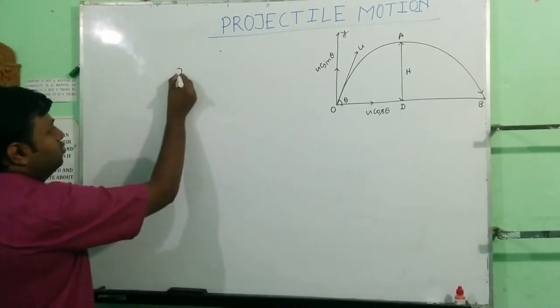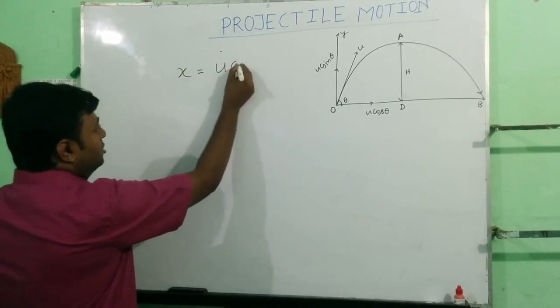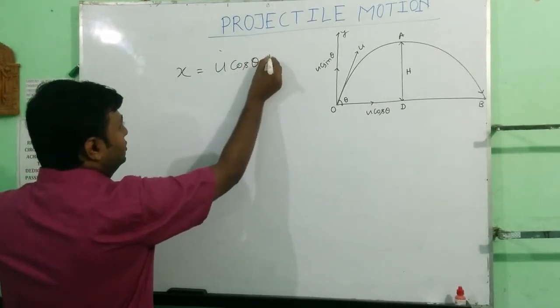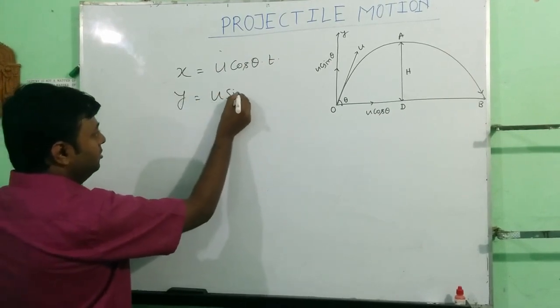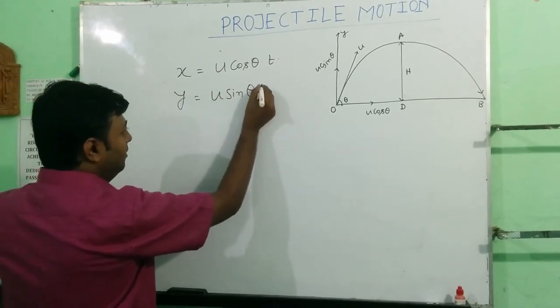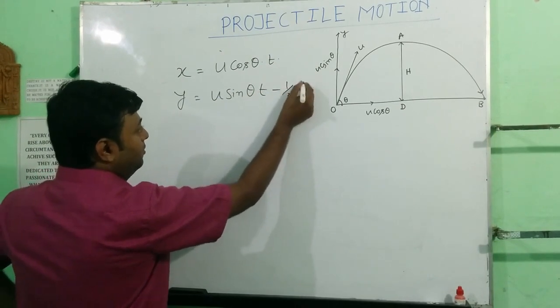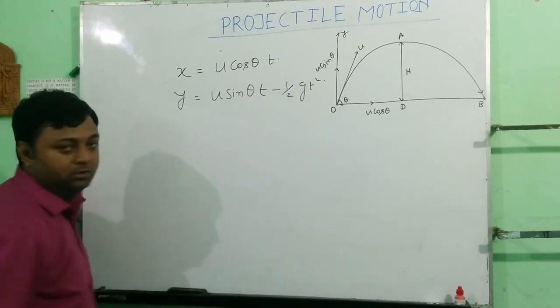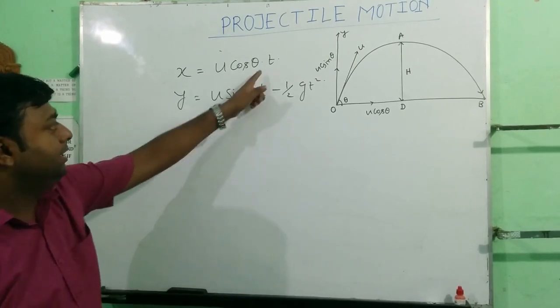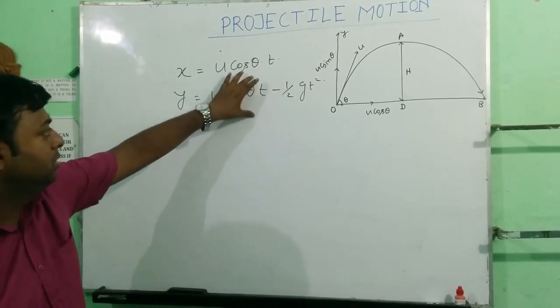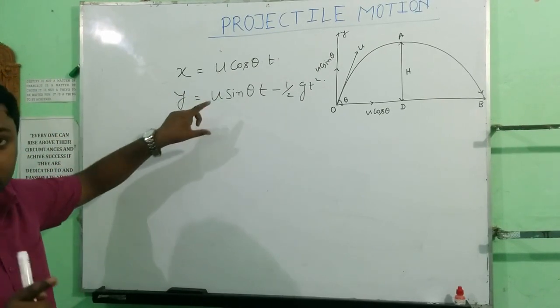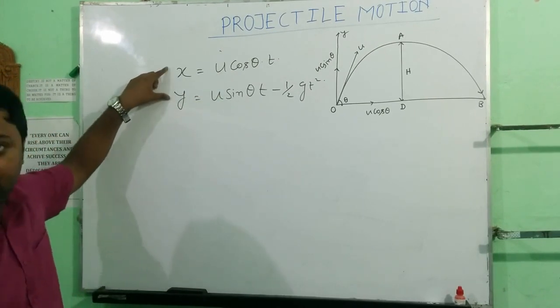That is x equals to u cos theta into t and y equals to u sin theta t minus half gt square. If we eliminate t from these two equations, then we get an equation regarding y and x.